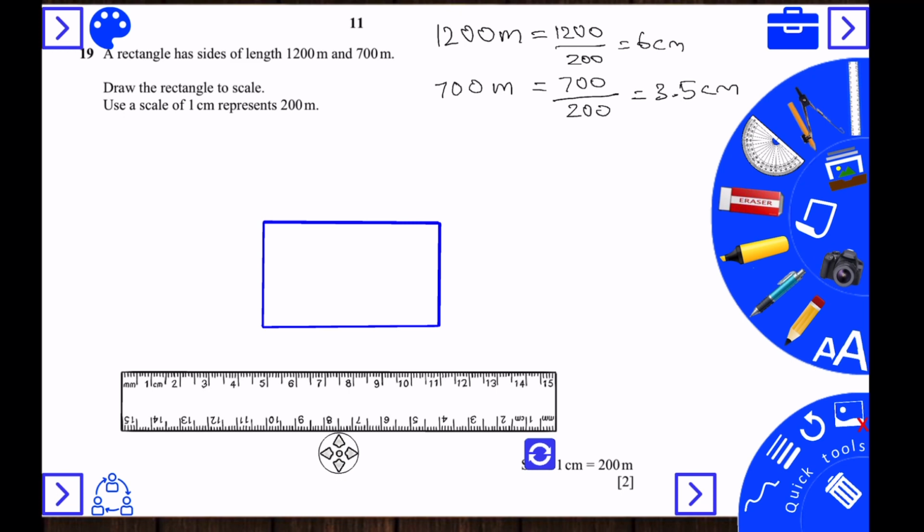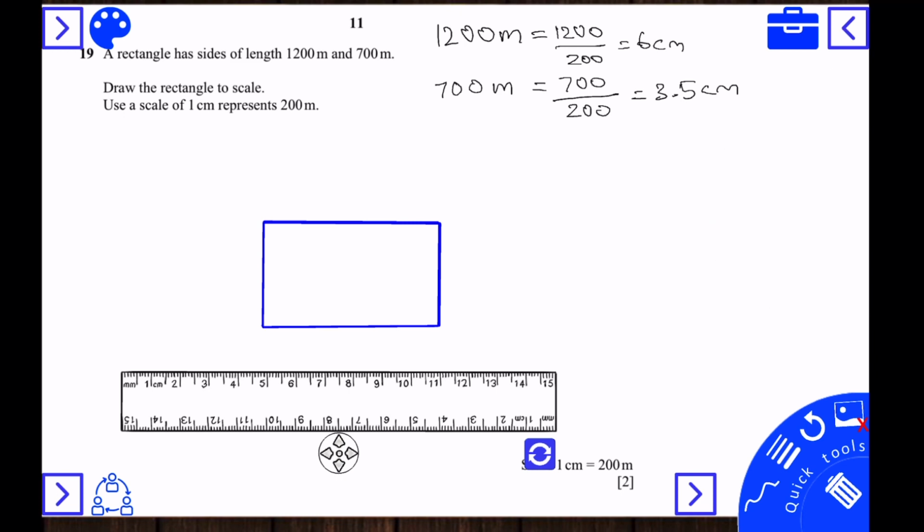So now let's write down the values of the sides, the lengths of each side. This is 6 centimeters, and this will be 3.5 centimeters. Let's draw a square angle to make it 90 degrees. And that's our rectangle. So that's question 19, and with that we have finished the checkpoint paper.